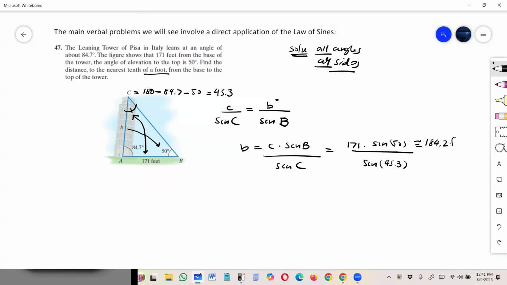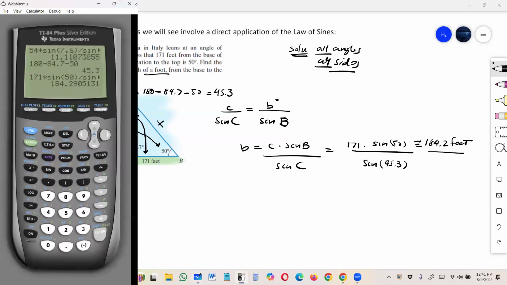This is in feet, so make sure that you write feet over there. And that's all I have to do. So notice, I don't need to find this. It's not necessary. So these application problems are usually much, much faster than solving a triangle. That takes a little bit longer because you have to find all angles, all sides.